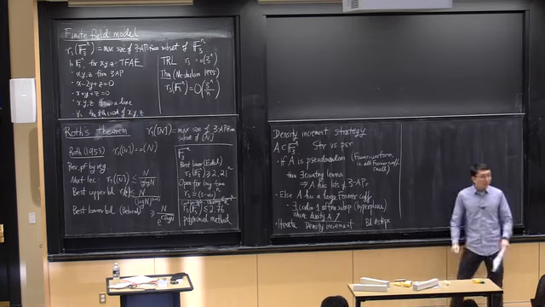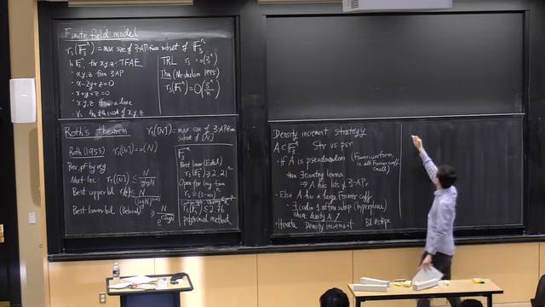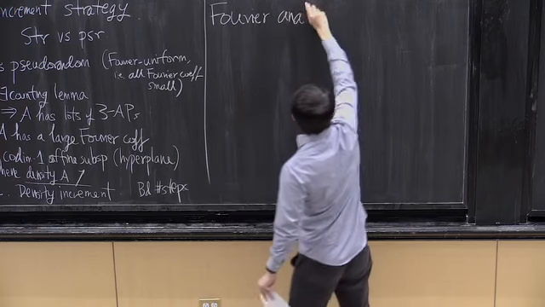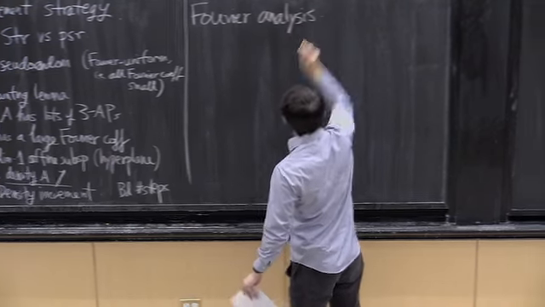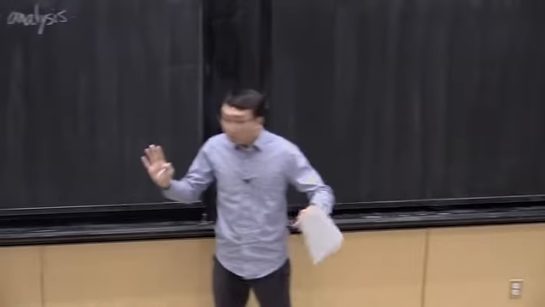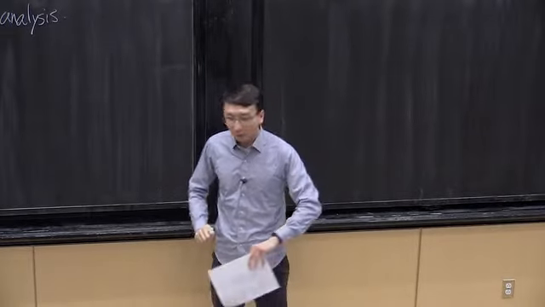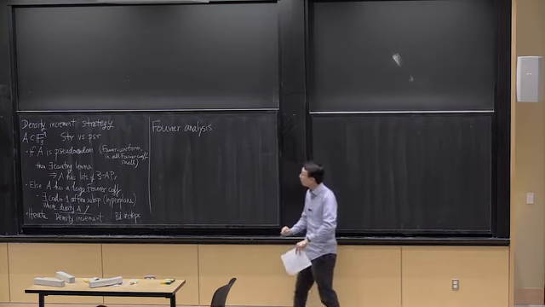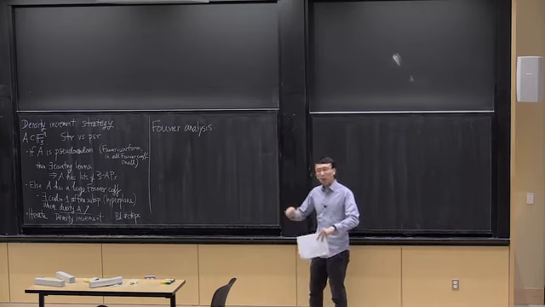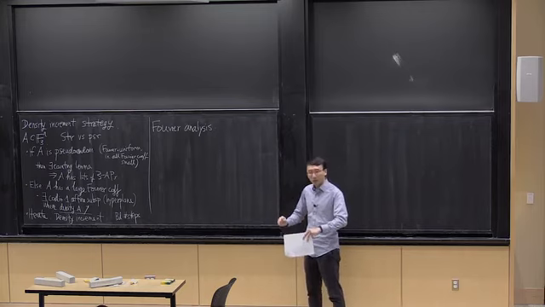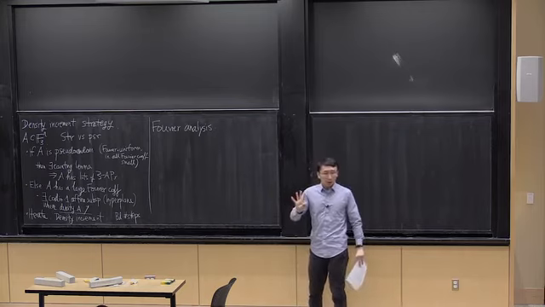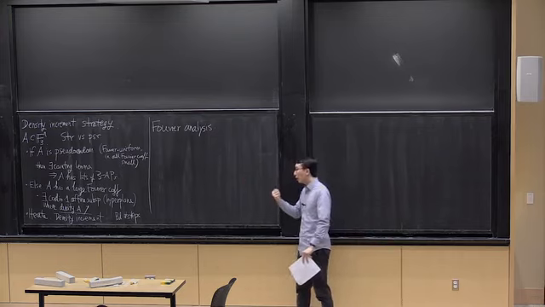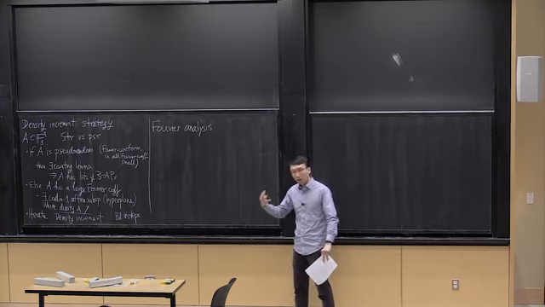I want to tell you about Fourier analysis. So probably all of you have seen some version of Fourier analysis, maybe in your calculus class with Fourier series and whatnot. And okay, so you play with formulas and solve some differential equations. So I want to give you, more than just a bunch of ways of handling Fourier coefficients, a way to think about Fourier analysis.